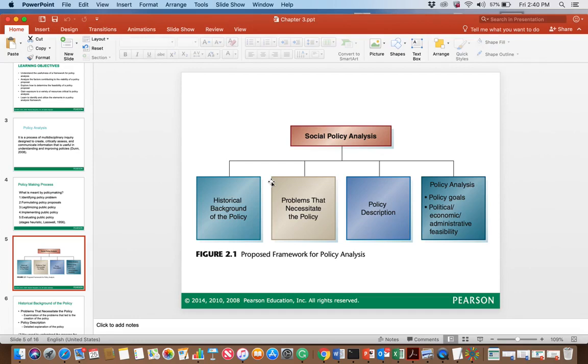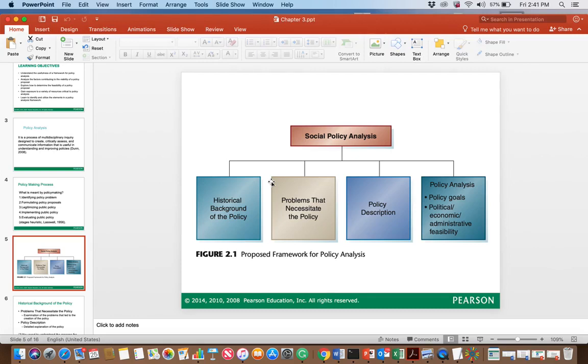For example, if you are working on Section 8 of the Housing Act of 1937, this act authorized payment of rental housing assistance to landlords. You need to know why was that necessary. Obviously, there's that information that you need to give. So for every policy, understand the problems that were there at the time that necessitated that policy to be created in the first place.